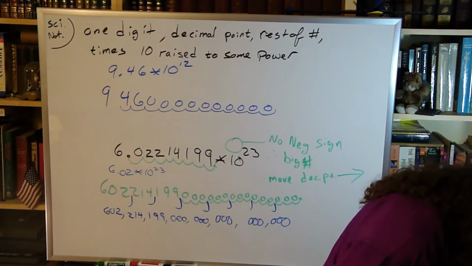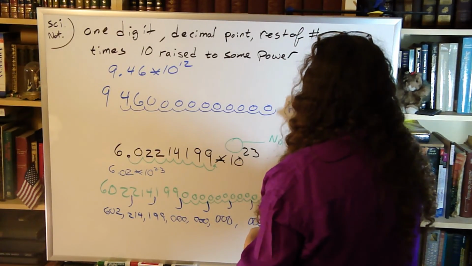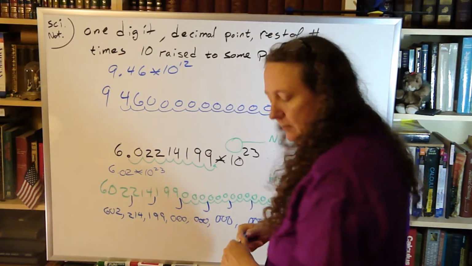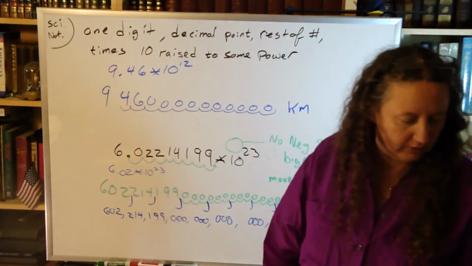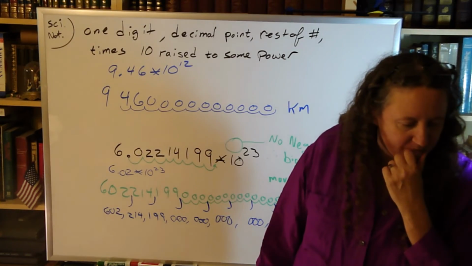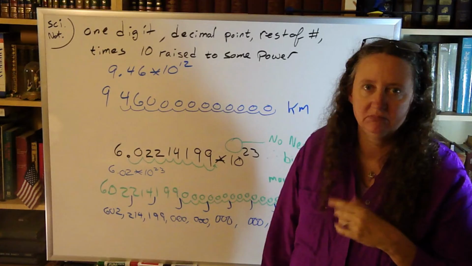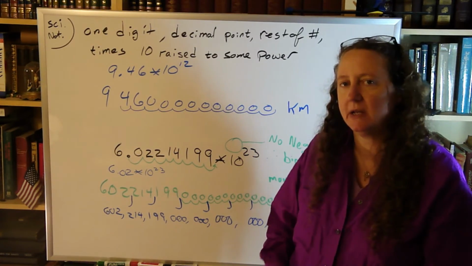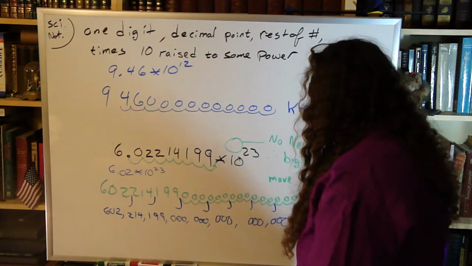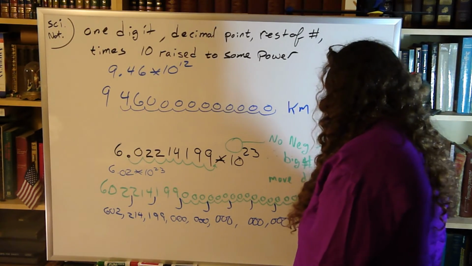And the units on this one is kilometers. So I have to put my km for kilometers. My unit for the other one, number of atoms in 1 mole. People don't usually talk about it, but it would be atoms per mole.